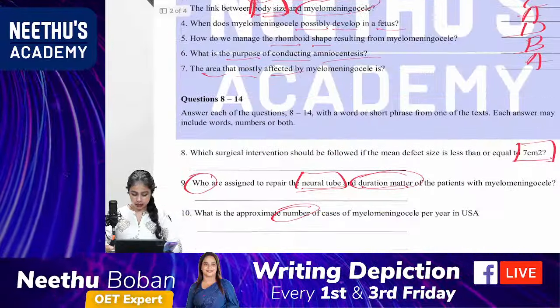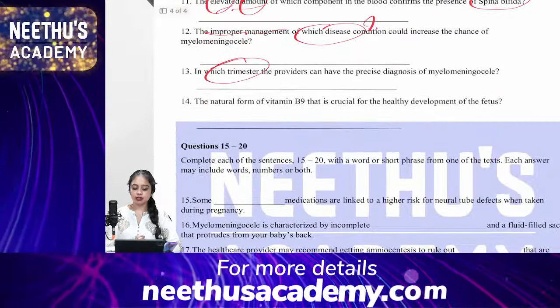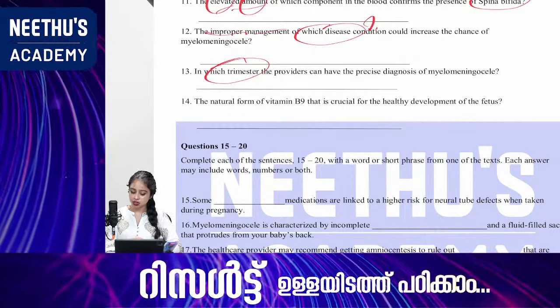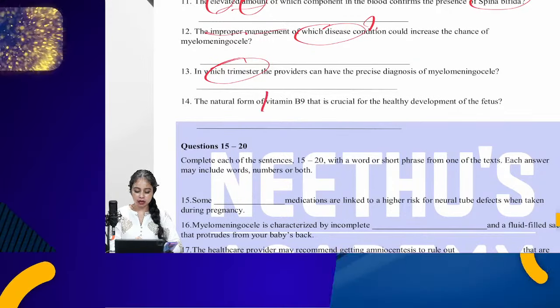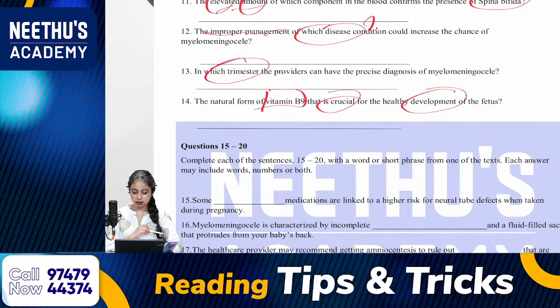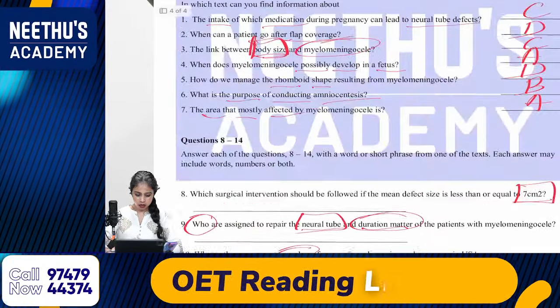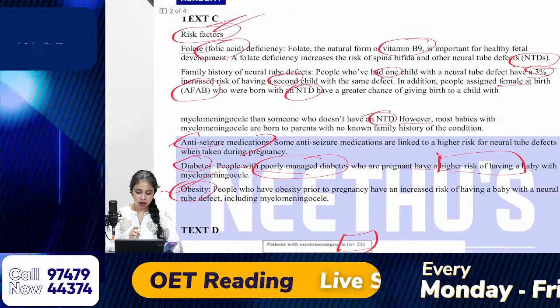Then the next one, the last one, 14th one. The natural form of vitamin B9 that is crucial for the healthy development of the fetus. So vitamin B9, crucial, which is important, then development. Okay, so what is the correct answer? It is mentioned in text C, as you can see here. See the first one.